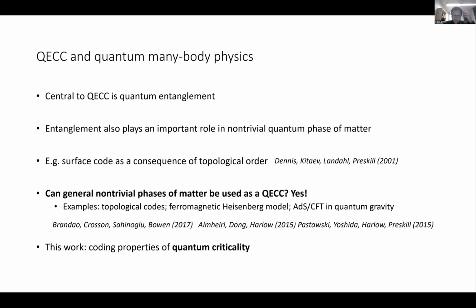So the study of quantum phases of matter can really help you build quantum error correction codes, and the study of the coding properties also sheds light on the information theoretic perspective of these phases of matter. So that is the perspective that we will take, and we will take this perspective to study quantum critical systems.